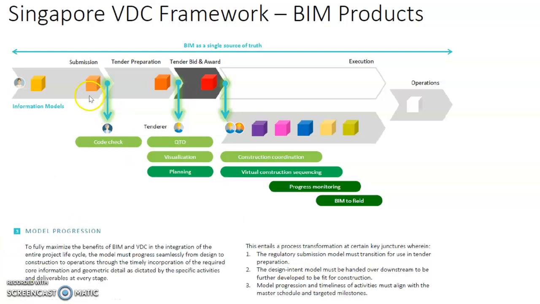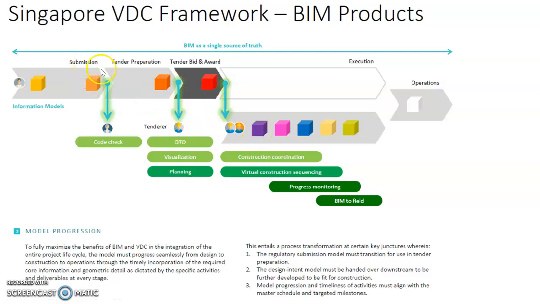What it means is that as your BIM models change and evolve and develop through the different stages or phases of your construction, more and more information will need to be added or required from the model. So that's why you need to make sure that at different milestone locations of your project delivery life cycle, the model is ready to allow the different stakeholders to do their work.